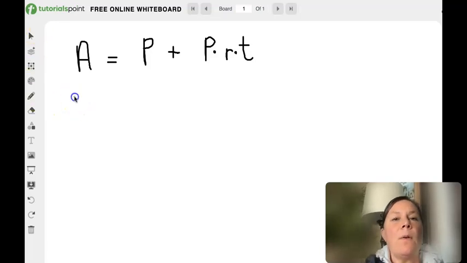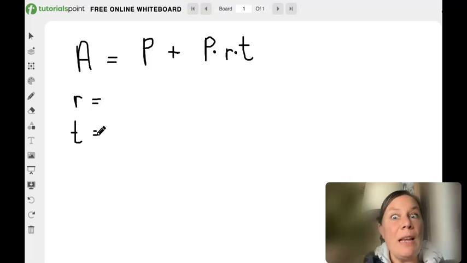Okay, so I need to choose a rate at which I'm going to invest. I'm going to choose a time in years of how long I will invest for. The other thing I need to decide is how much money I want at the end of this period of investing. So let's say I need $15,000 for school.